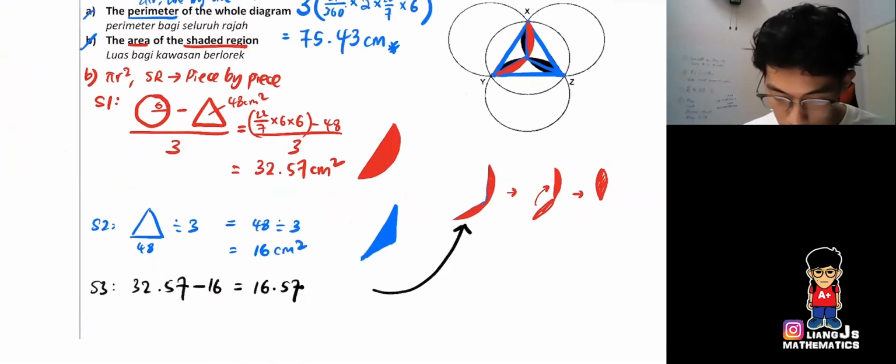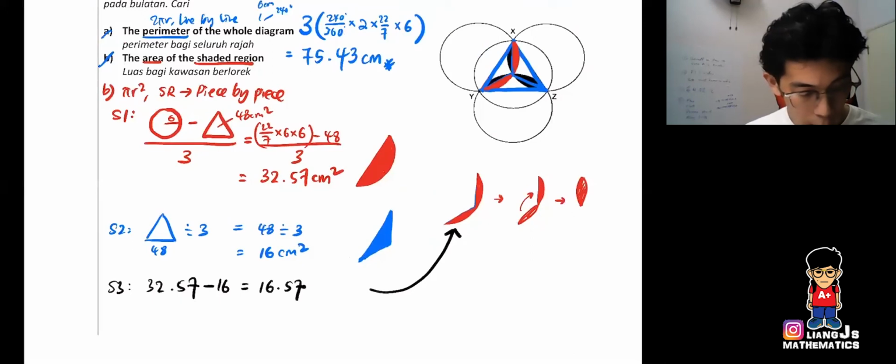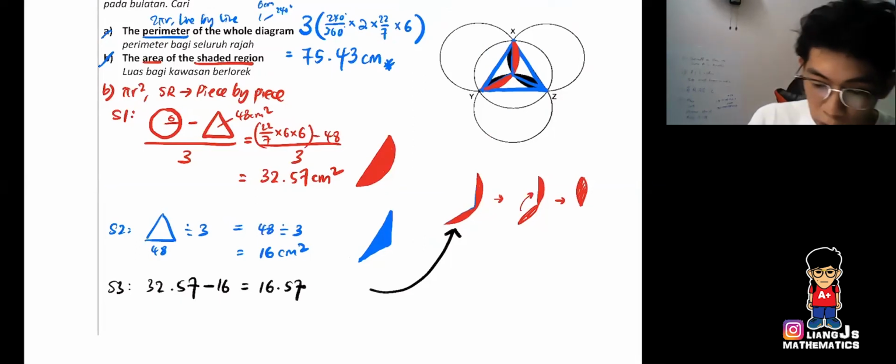Yeah, minus wrongly, sorry. Sorry, 48 divided by 3. 48 divided by 3, yes. Sorry, let me check answer first. 6 times 6, and minus 48 divided by 3. Oh, sorry, this one I typed wrongly.